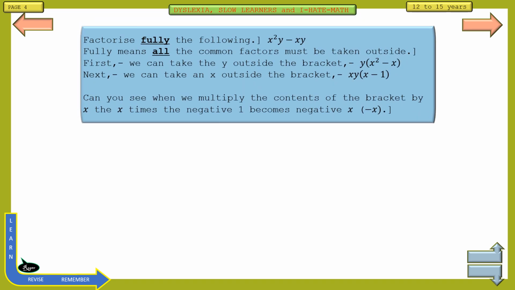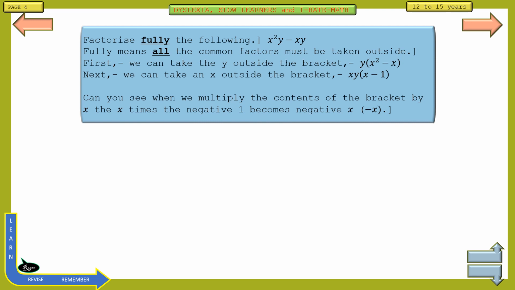Factorize fully the following: x squared times y minus xy. Fully means all the common factors must be taken outside. First, we can take the y outside the bracket to give y into x squared minus x.